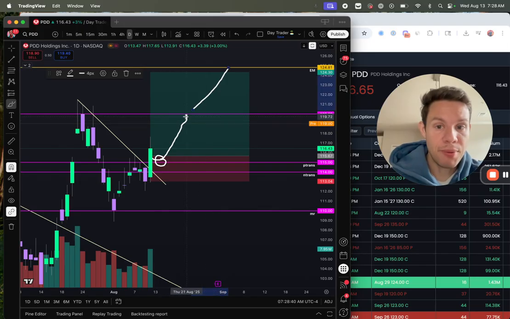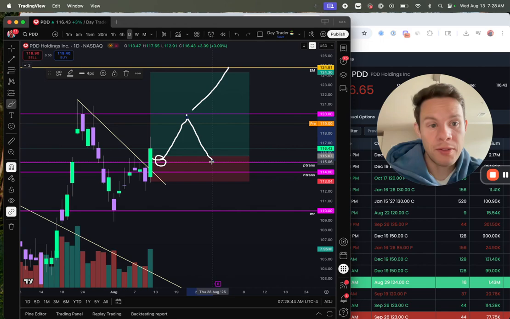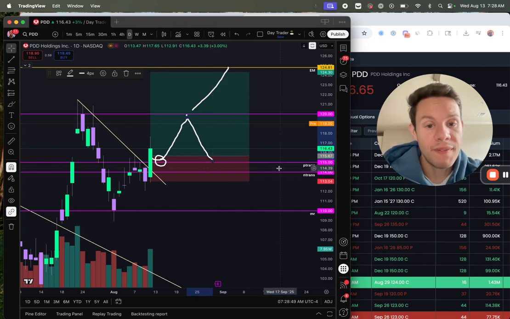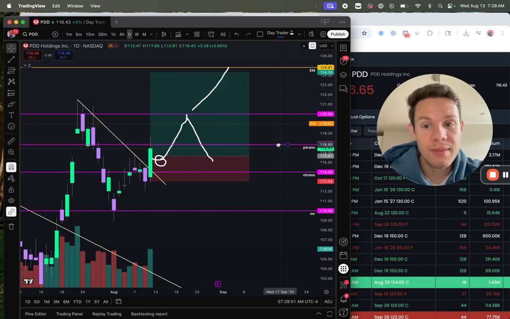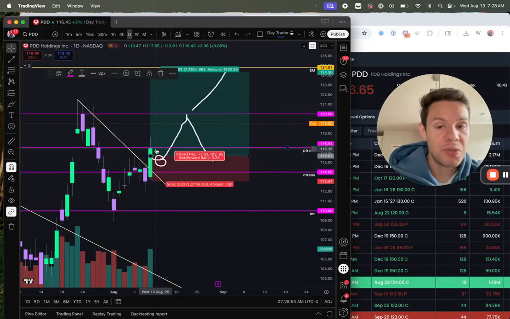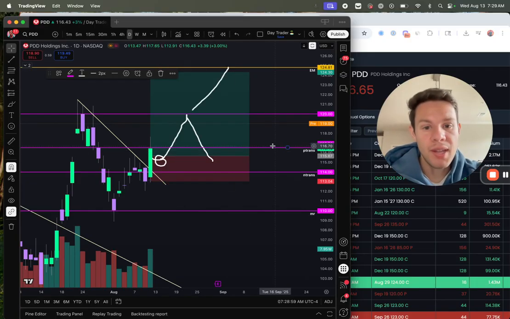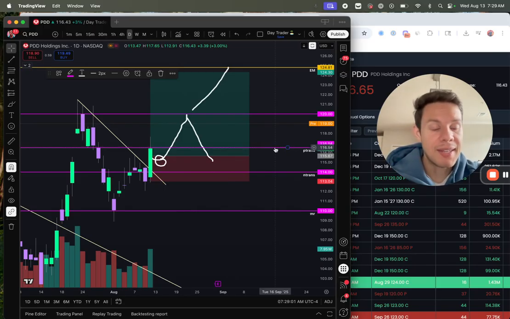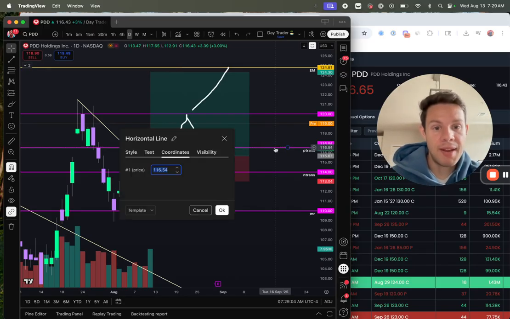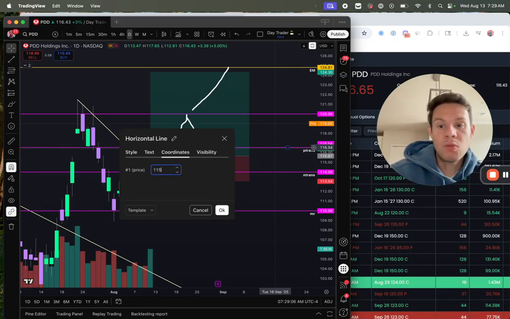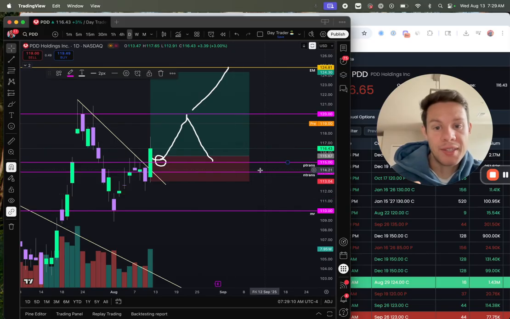Think of P trans as the final support zone if price was ever to reject here, unless this data changes and says it's no longer 115, it's actually 117. If price loses 117, then that's my exit. It's in a weird area that I don't want to be a part of. Everything's about having clarity and alignment in your trades. As of right now, it's 115. Unless the data changes, then I will change my trade thesis.